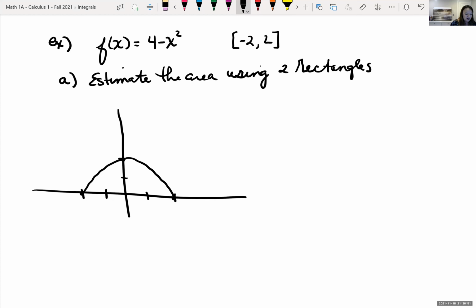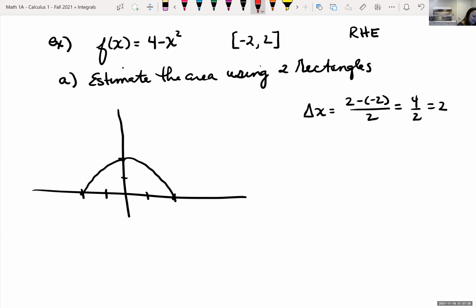And the first one wanted us to use 2 rectangles. So if we use 2 rectangles, let's find the width. I can already tell what it is, but let's just do it anyway. So 2 minus -2 all over 2. So 2 plus 2 is 4. 4 over 2 is 2. Let's use the right-hand endpoint, RHE.